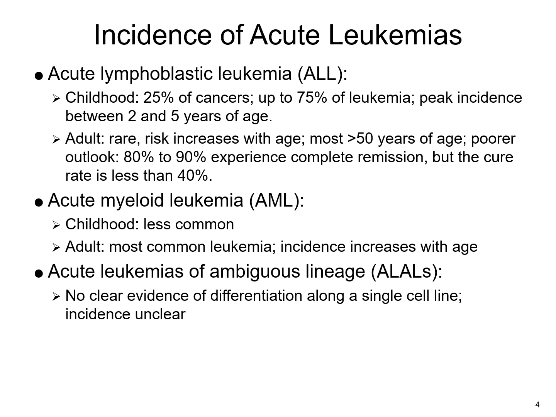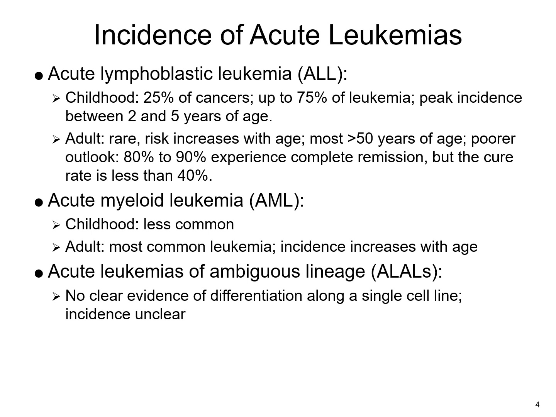The peak incidence for this particular neoplasm is going to be between the ages of 2 to 5 years of age. Within adults, it is rare, but the risk does increase with age. Most of these cases are going to be in patients that are over 50 years of age, and there is a poor outlook, with 80 to 90% of the patients experiencing remission, but the cure rate is less than 40%.